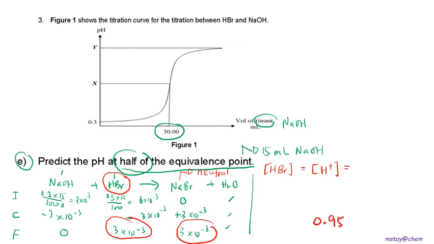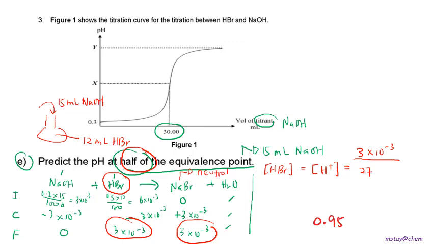When we want to find the concentration, it will be the number of mole, in this case 3 exponent negative 3 mole, divided by the volume. Don't forget, in the conical flask, initially there is 12 ml of HBr, which we already calculated in the previous question. Then at half of the equivalent point, only 15 ml of NaOH is added. In other words, there are only 27 ml of solution in the conical flask now.